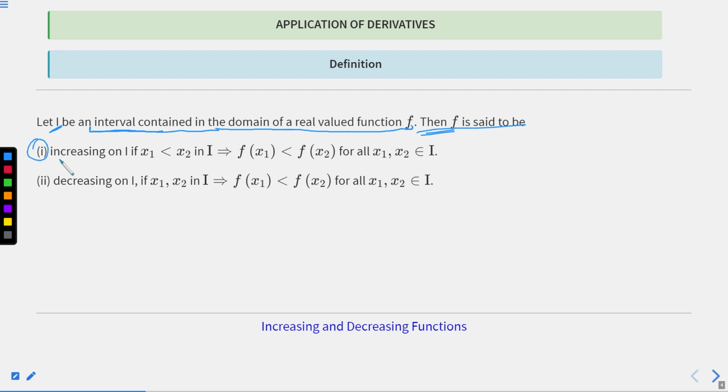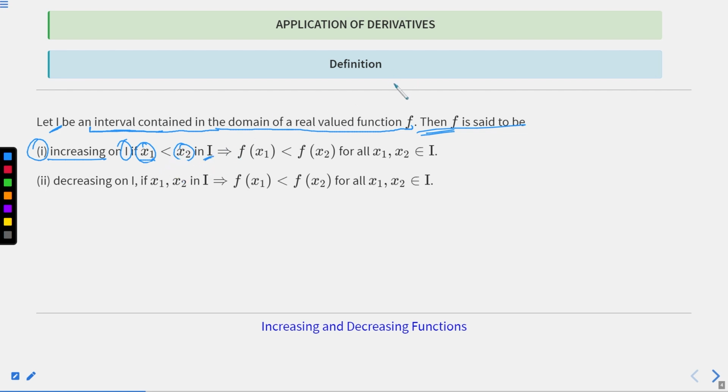increasing on I if x1 is less than x2. You picked two points, one is x1, another is x2. In what manner have you picked them? You have picked those two points in such a manner that one is less than the other.